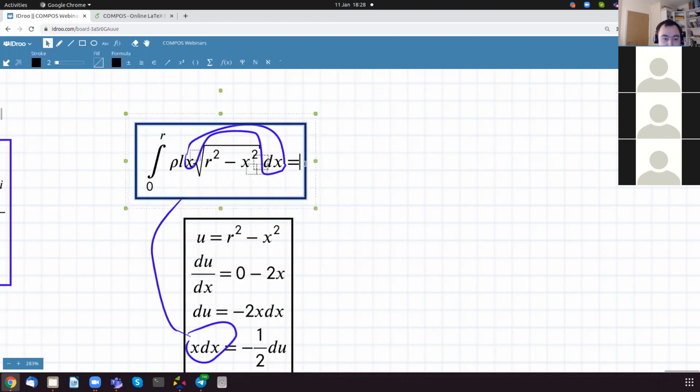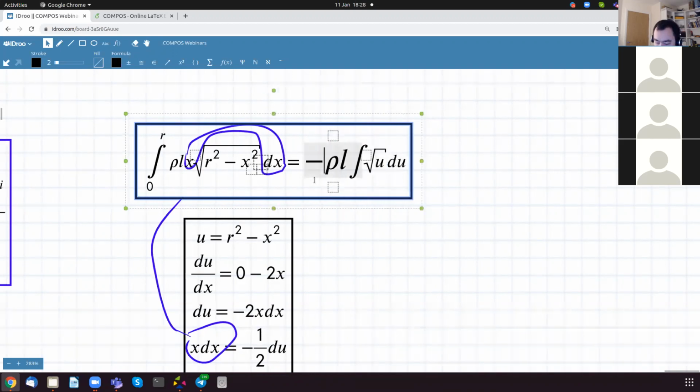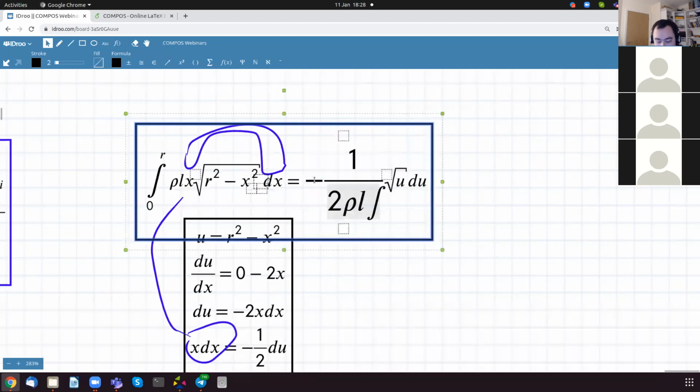So from here, I can say S is equal to the integral. Now rho and L are constants, so they're going outside. And we have the square root of u, and then du, and minus 1/2. So minus 1/2 goes in the front. Minus 1/2. Oh no.